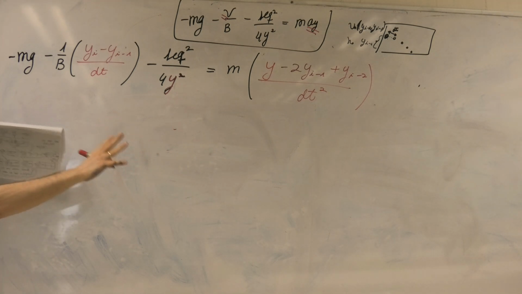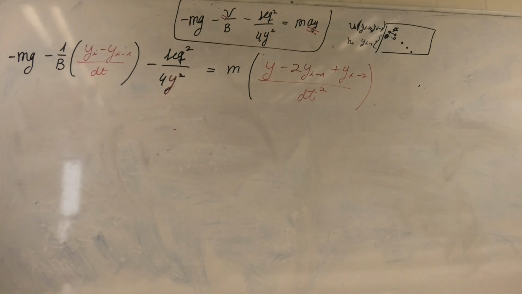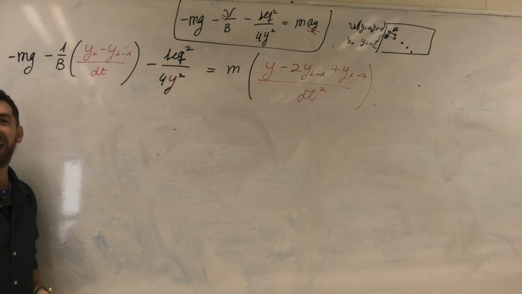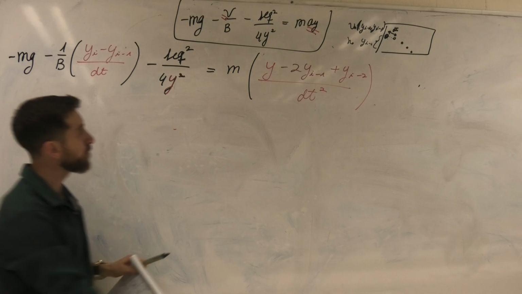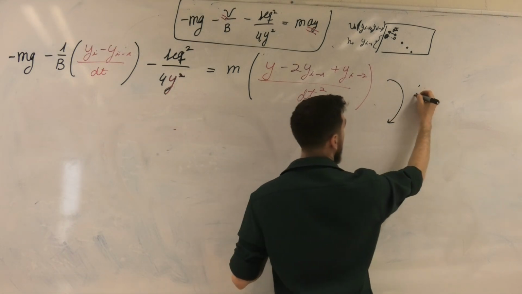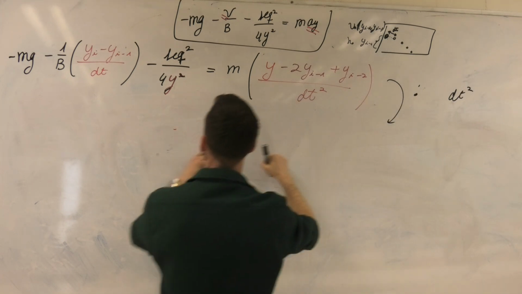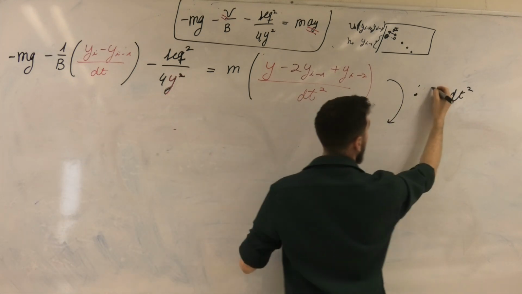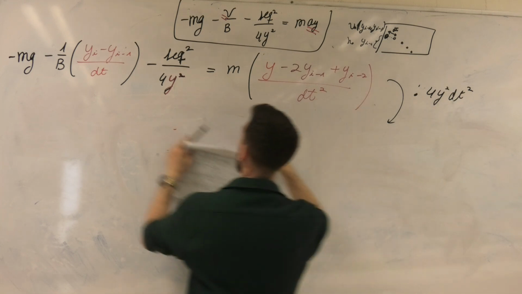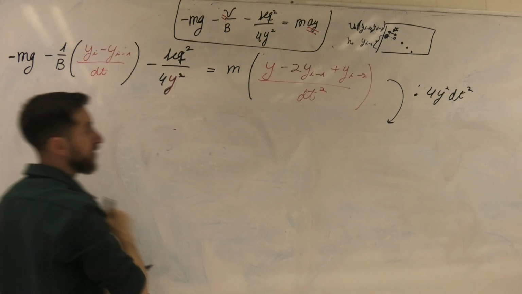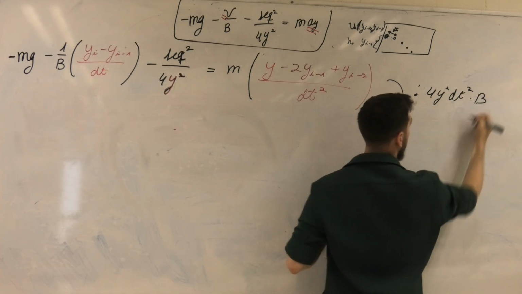Okay, this is the equation we want to solve. And I don't know about you, but I hate fractions. So let's multiply everything by dt squared, by 4y squared, and by b.